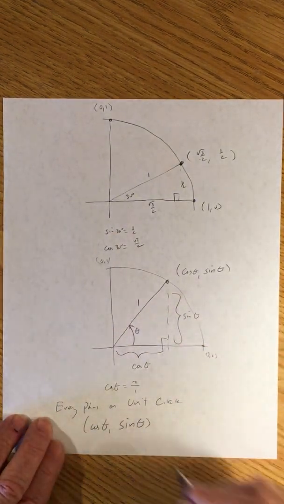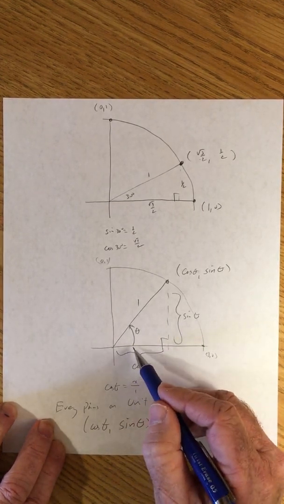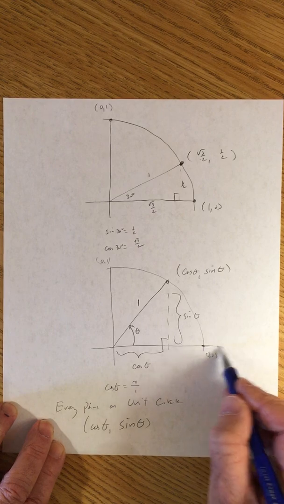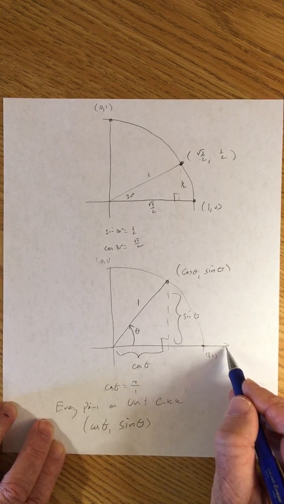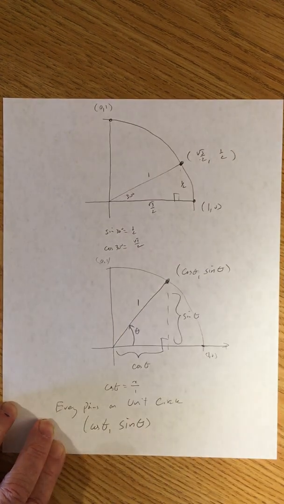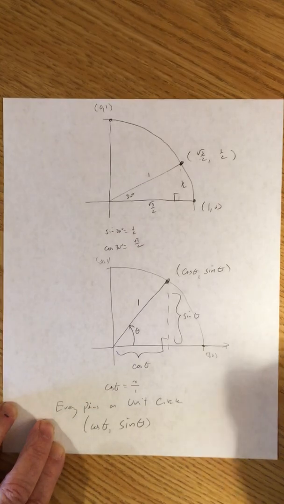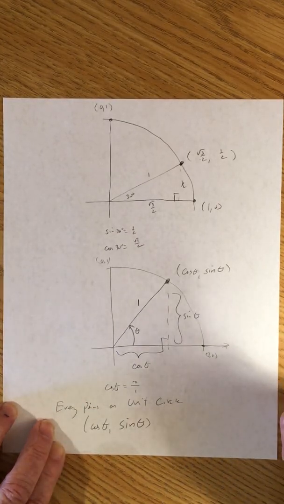One thing we should make a note of here is the theta is the central angle, we call it the central angle, where the positive x-axis is the initial side and the terminal side passes through that point. Now, it doesn't have to be in the first quadrant, it could be in any quadrant, as we will soon find out. Okay, let's go to the unit circle.